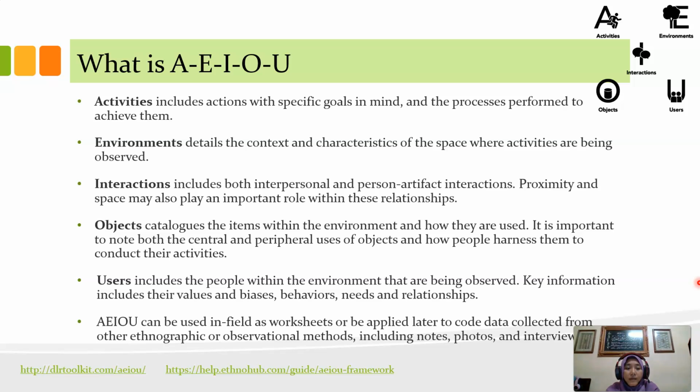Interactions include both interpersonal and person-to-object interaction, and you will see how the person or the process that you observe interacts with the environment. Objects catalogs the items within the environment and how they are used. It is important to note both the central and peripheral uses of objects and how people harness them to conduct their activities. So for example, you have done your observation through social media.